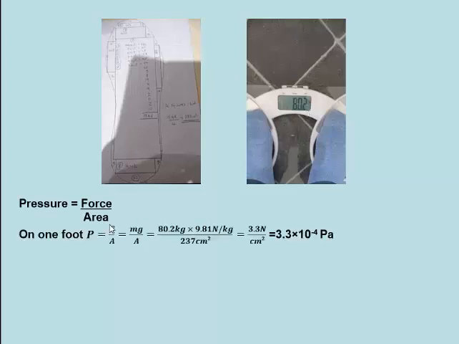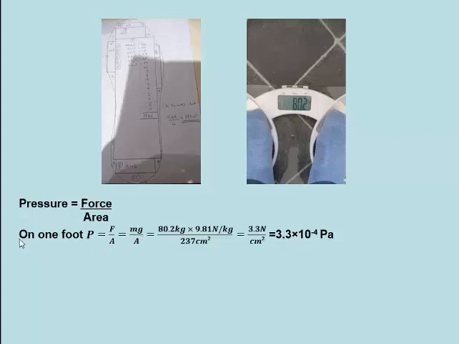What I've done here, I've drawn round one of my shoes and I've calculated the area to be 237 square centimetres. I've found my weight here as 80.2 kilograms, well, strictly speaking my mass as 80.2 kilograms. Pressure is force over area. The force is my actual weight, which is my mass times the gravitational field strength.